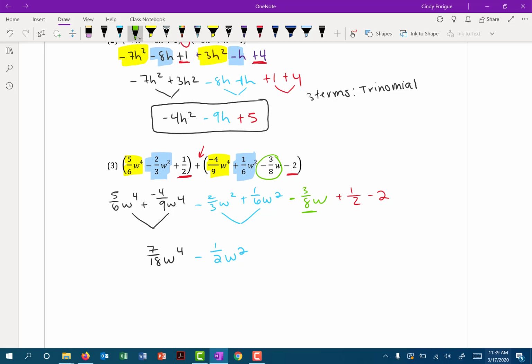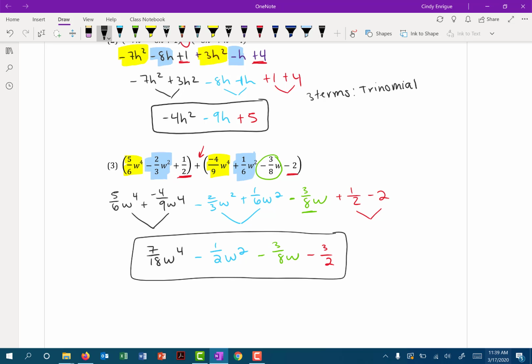And I have this green term that never combined with anything else because there are no other w terms, so I have a negative 3/8 w. And over here I have a positive 1/2 and a negative 2, so negative 2 plus 1/2 gives me a negative 3/2. And so I end up with a 4-term polynomial as my final answer.